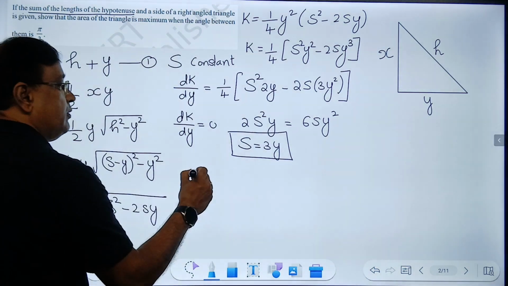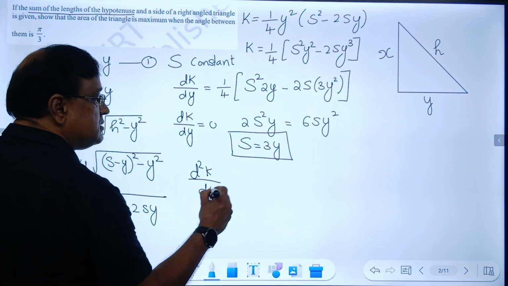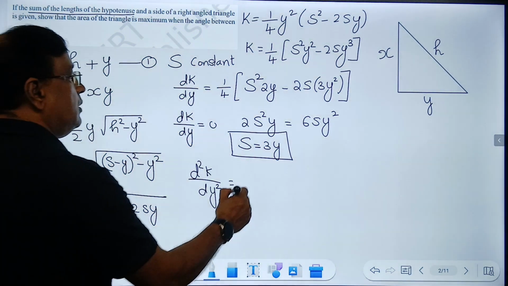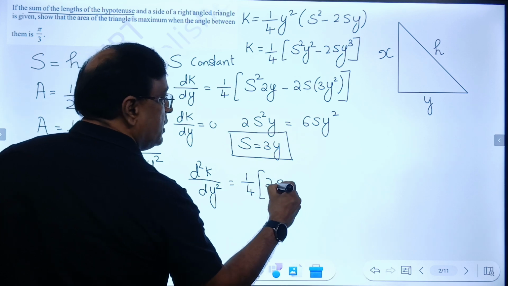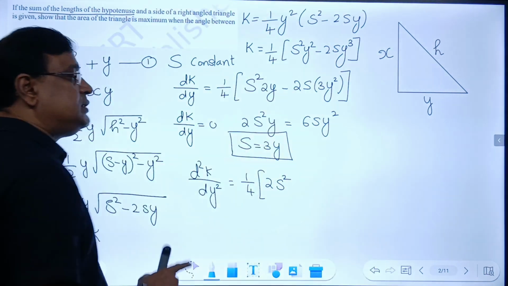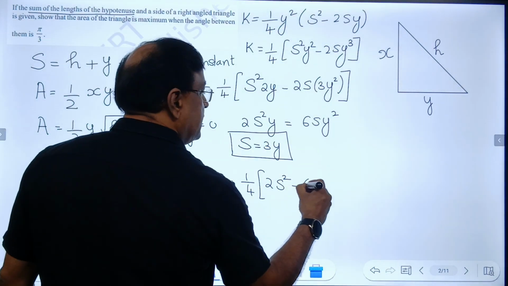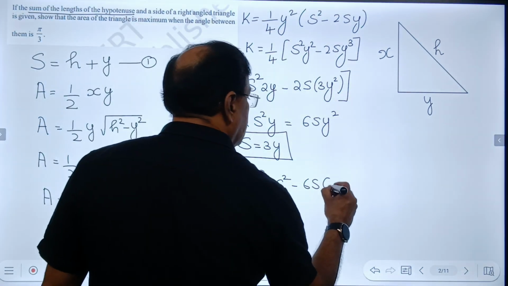Now the second derivative. With the second derivative I am going to establish whether the area is maxima or not. So d square k by dy square: 1 by 4 is a constant, 2S square is a constant, differentiation of Y is 1, minus 6S is a constant, differentiation of Y square will be 2Y.